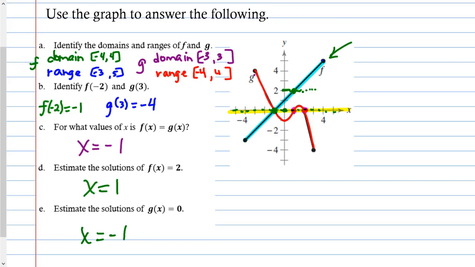So for E, there are actually 3 answers, and that is -1, +1, and +2, because g intersects y equals 0 more than once. g has 3 coordinates where the y coordinate is 0.